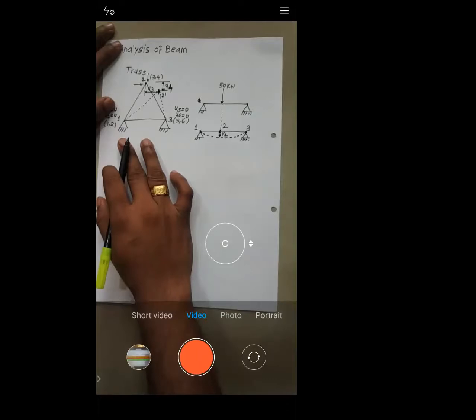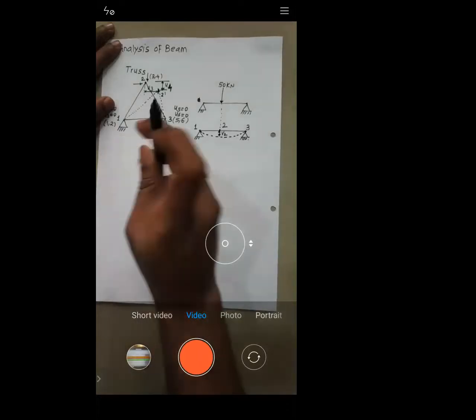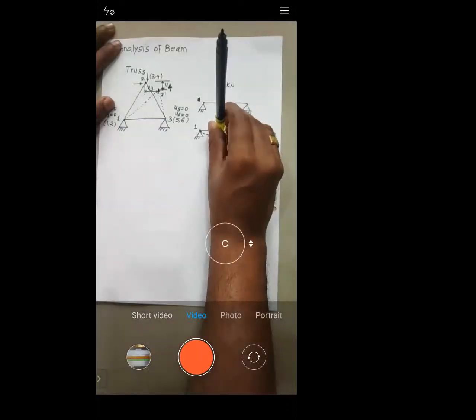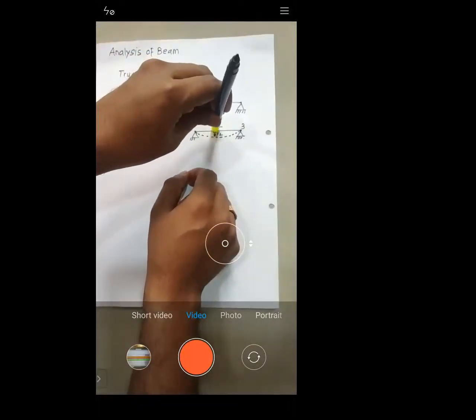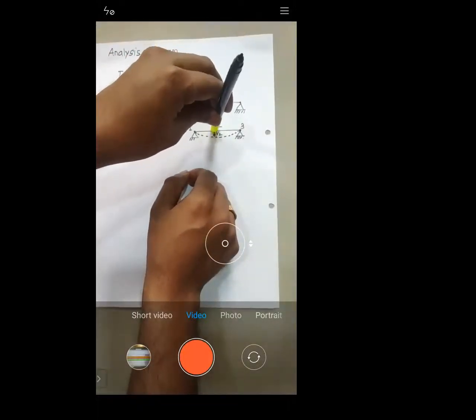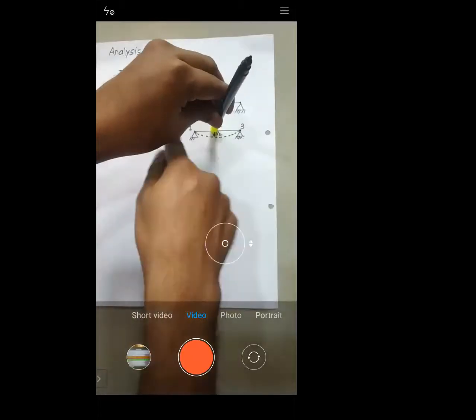In addition to that, if you see this beam, it gets bent, or for this particular beam you have movement about the z-axis.